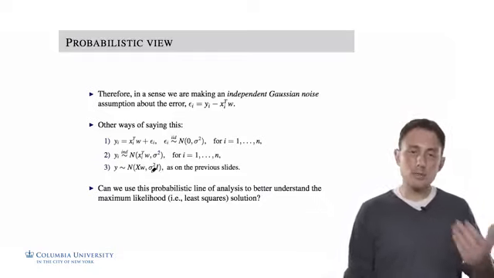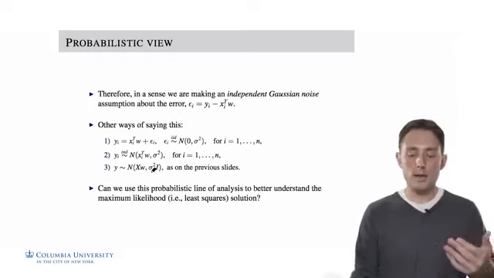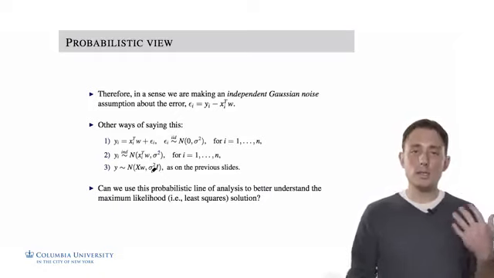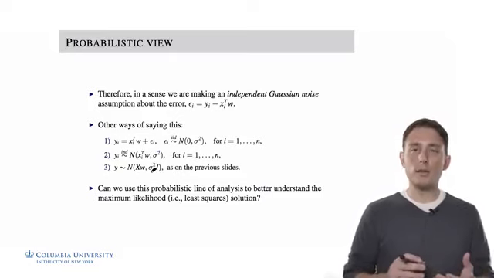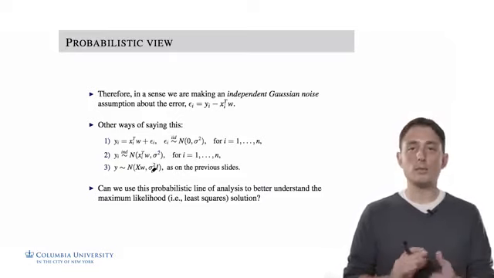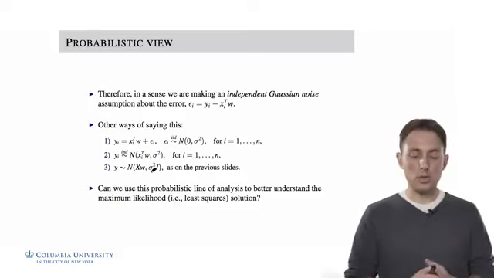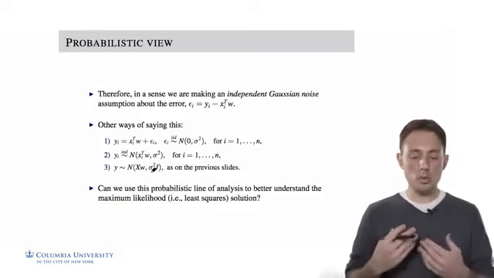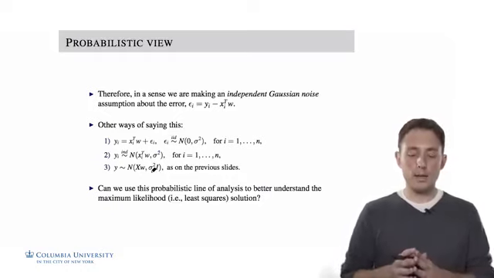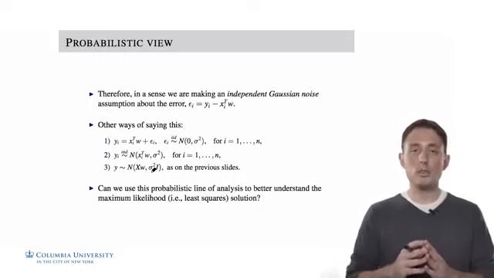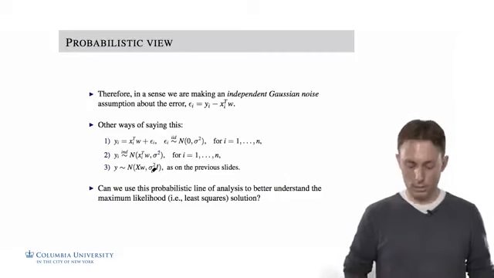So this is an assumption that we're going to make. We're going to say that our noise is IID Gaussian, essentially, and that maximum likelihood for this modeling assumption is the least squares solution. But using this additional probabilistic line of analysis, we can better understand the maximum likelihood solution and therefore the least squares solution.